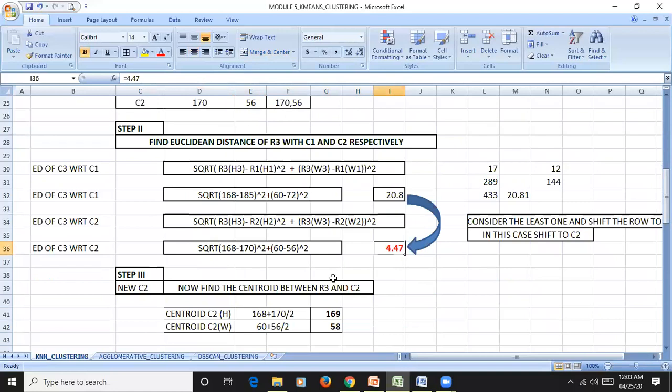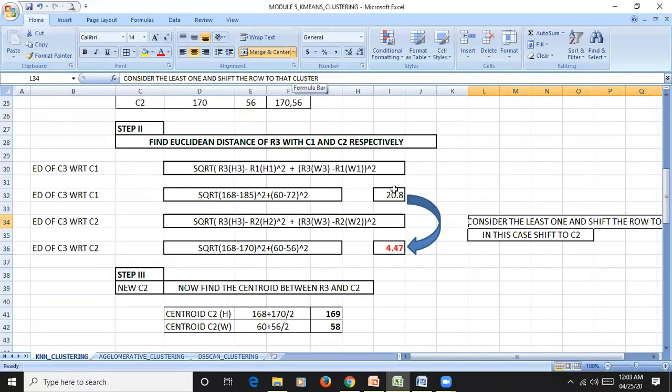Now comes the next step. Just concentrate here. Compare the value I have got with respect to C1 and with respect to C2. One I have got as 20.8 and one more as 4.47. Compare these two. Consider the least one and shift the row to that particular cluster.